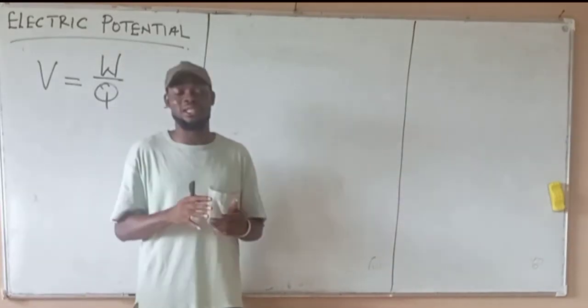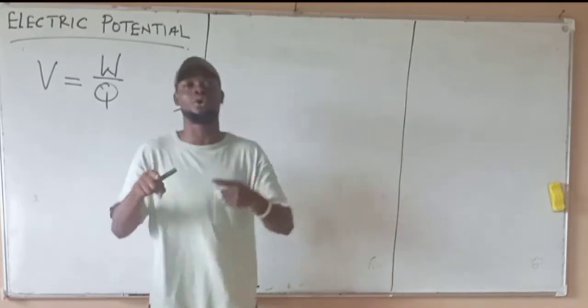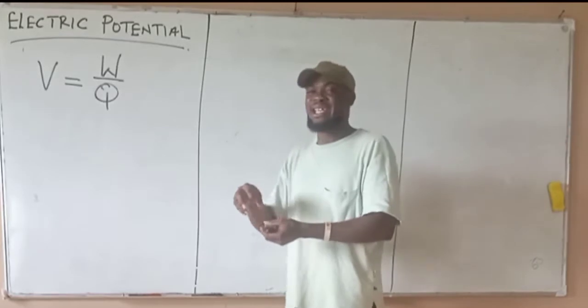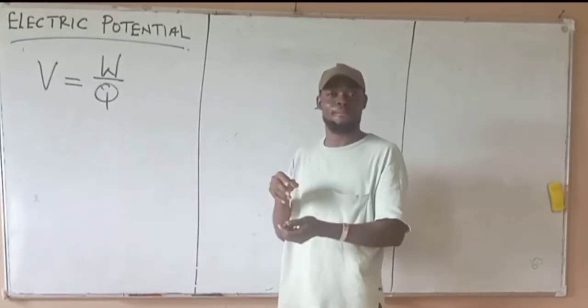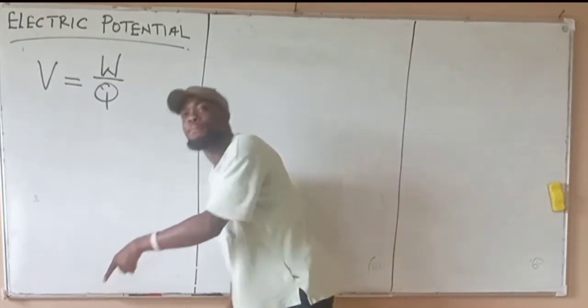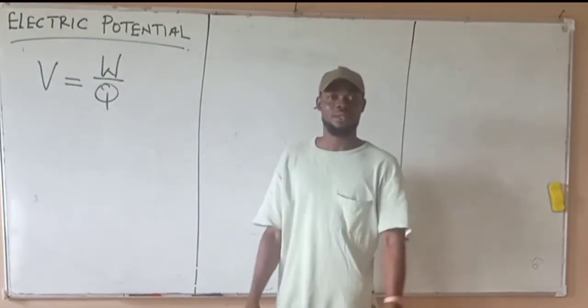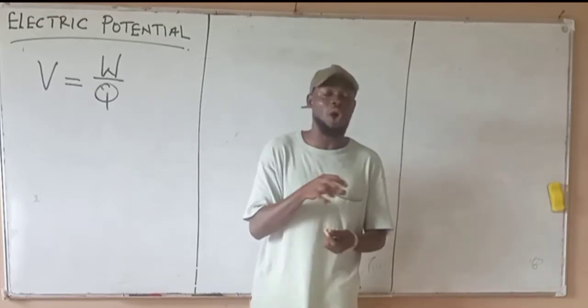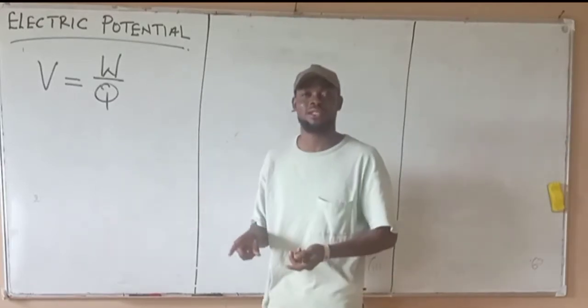Or electric potential is defined as the work done in moving a charge from a reference point to a particular point in the electric field. It is the ratio of work done to charge.